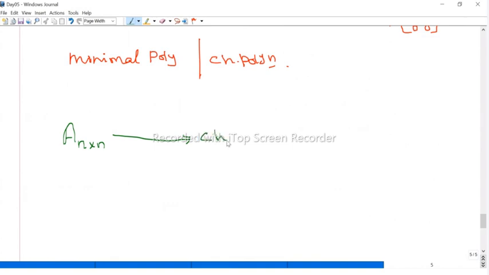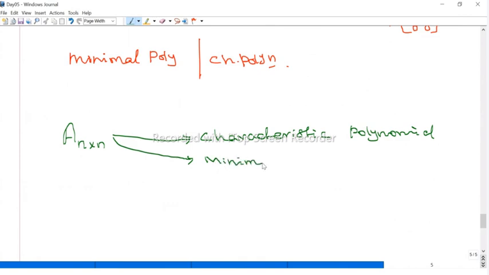That polynomial is called the characteristic polynomial. Even we can assign one more polynomial, that is called the minimal polynomial. Therefore, given a single matrix, we can produce two polynomials, the characteristic polynomial and the minimal polynomial.